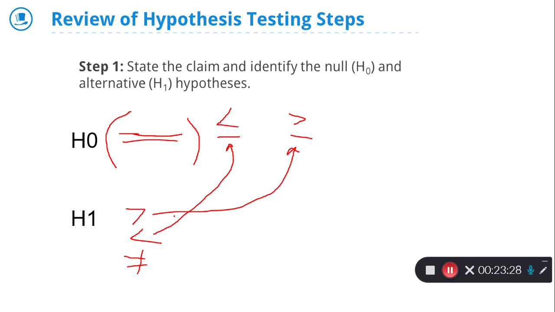But I want you to see technically why the Top Hat is kind of right. I'm going to give them a break on this one and say they're technically correct. The two hypotheses should be mutually exclusive and cover all possibilities. And technically, when you just use an equal sign, it doesn't do that. But we can look past that. I will look past that. And if you have an equal in the null, I'm happy.